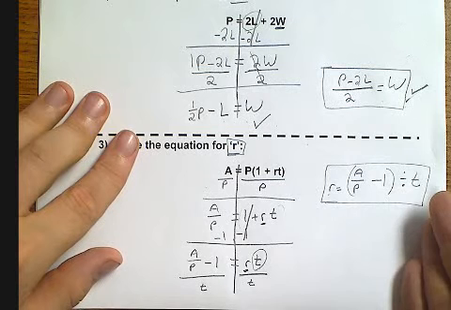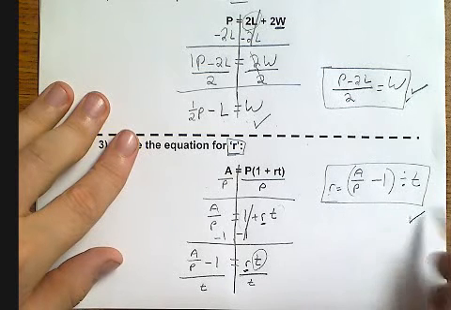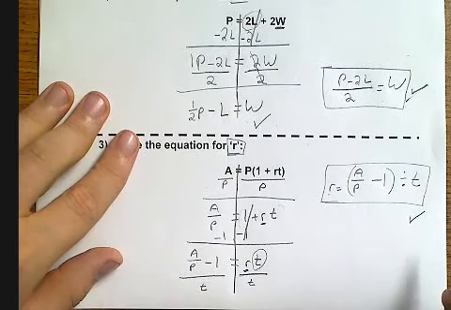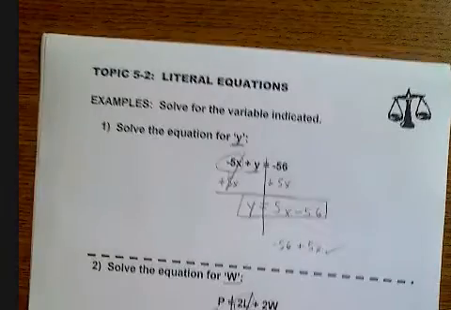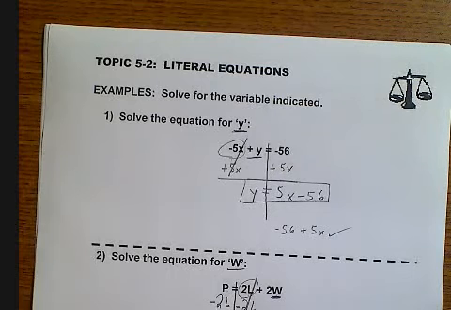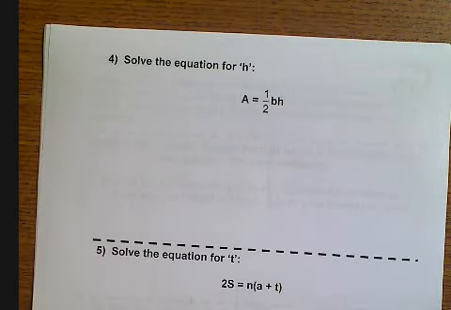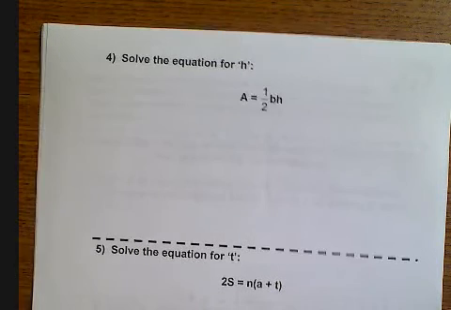So we're just going to go ahead and leave it like this. You don't always get a pretty equation when you're solving for these, but as long as you get the variable by itself and the math is all done correctly, you'll still get the answer right.